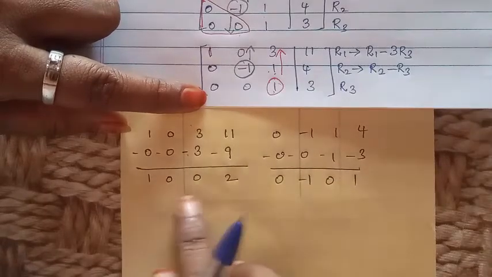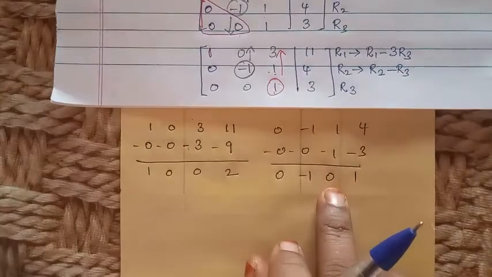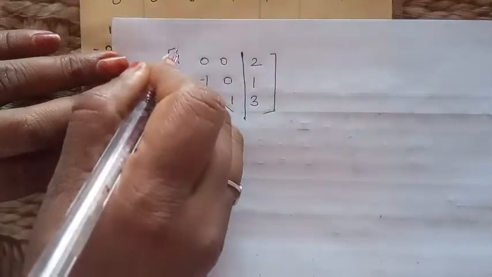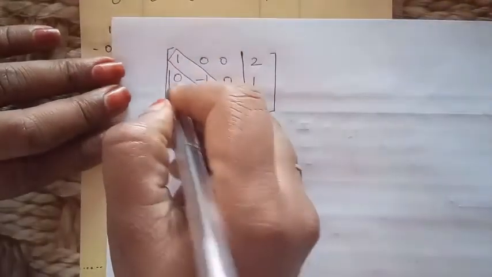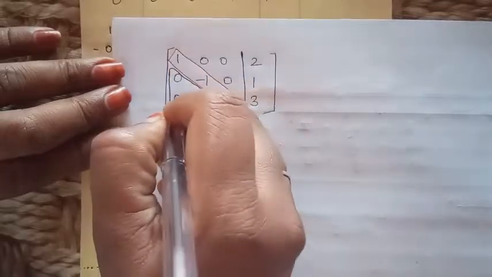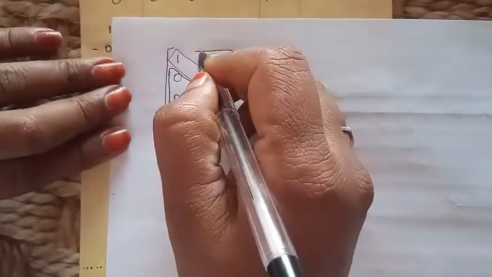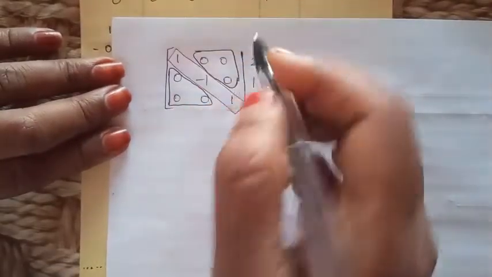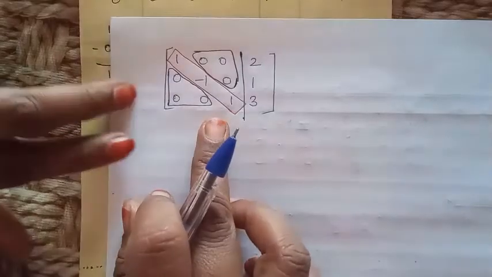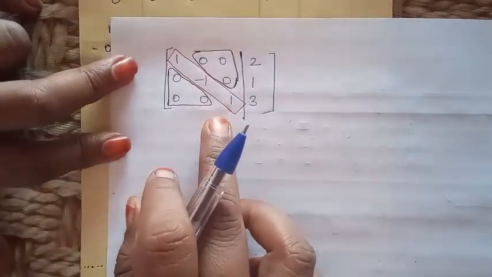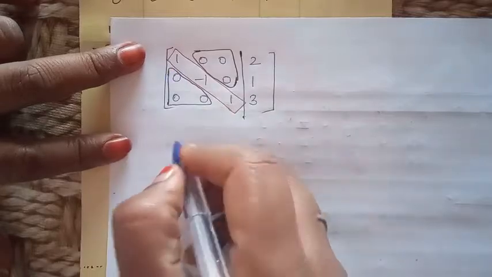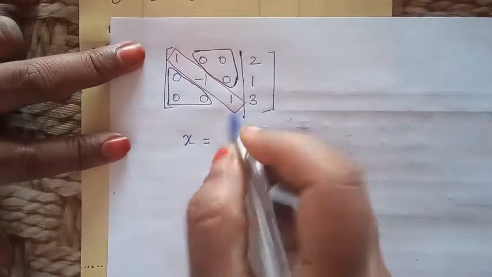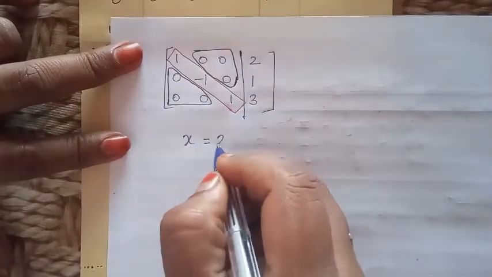Let us make a note of these values in the matrix. This is our diagonal element, and you can see that the elements below the diagonal are also 0 and the elements above the diagonal are also 0. So we achieved the unit matrix. Now you can simply write this as an equation. We know that 1 is the coefficient of x. So x equal to, the value on the right hand side is 2.